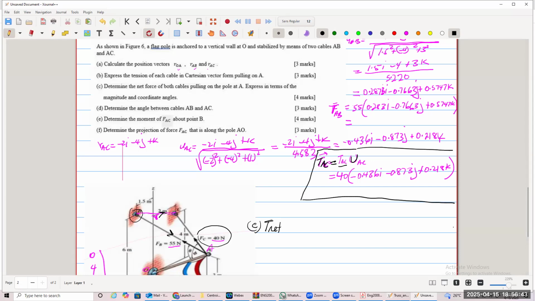Whatever you want to write it, T net is going to be equal to F AC plus F AB, whatever those work out to be. But remember you can't have them as scalars, you have them in vector form. What are those values, please? The first one works out to be 55 times that plus that, and the other one 40. Can two people work them out quickly?